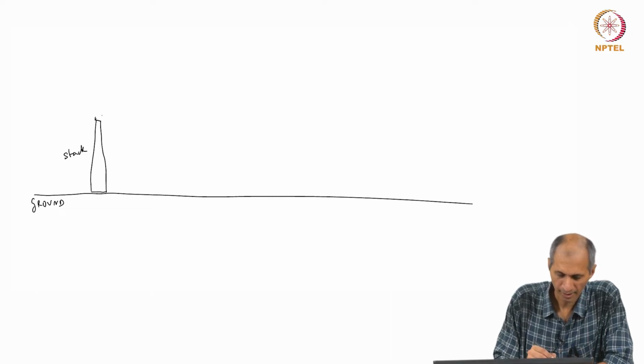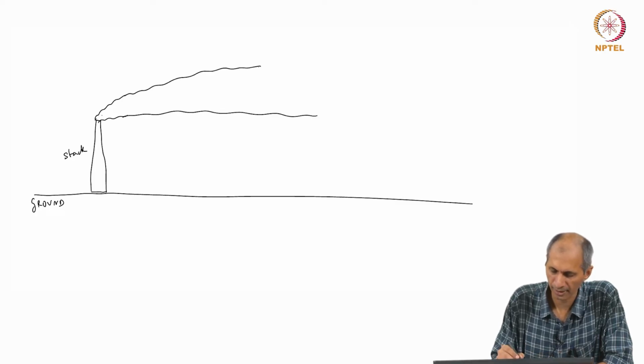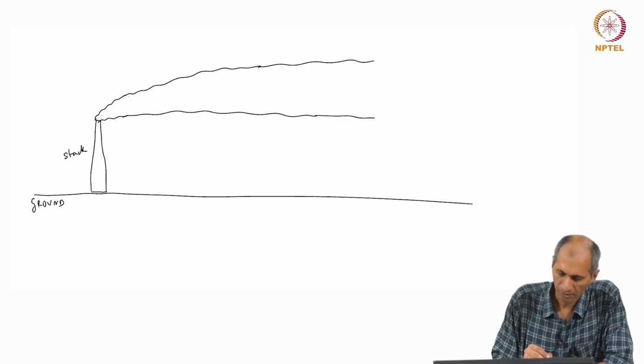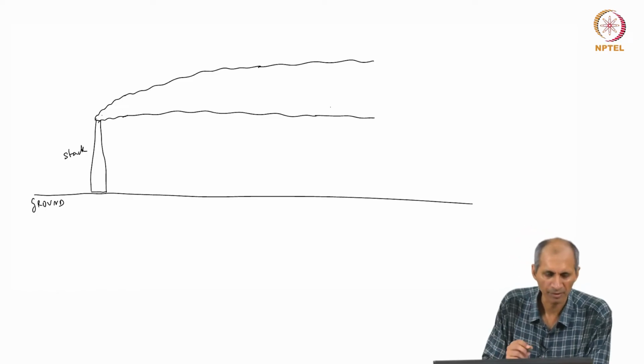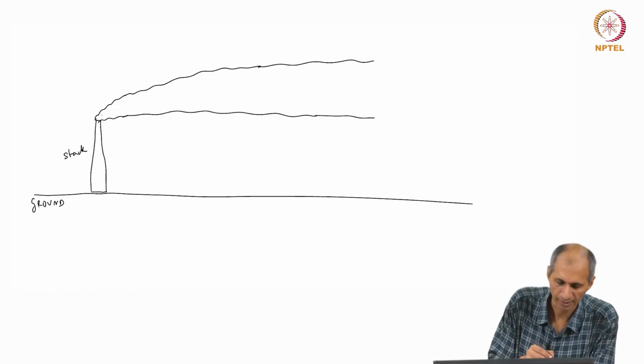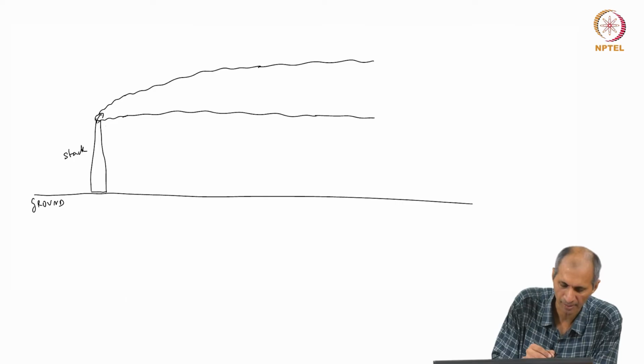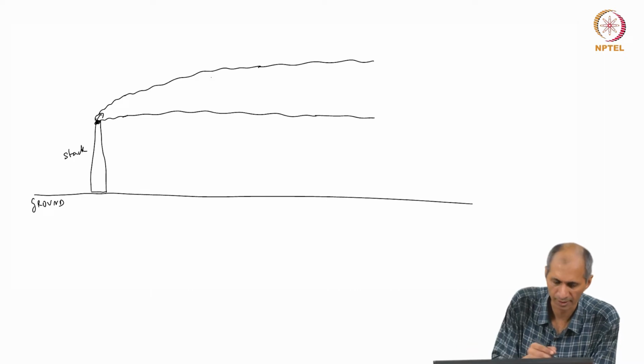And the stack is releasing some pollutant, and the general behavior we see is this kind. So this is what we see when we look at an ideal behavior of an exhaust or emission coming out of any source. Something happens to it, it spreads over distance.